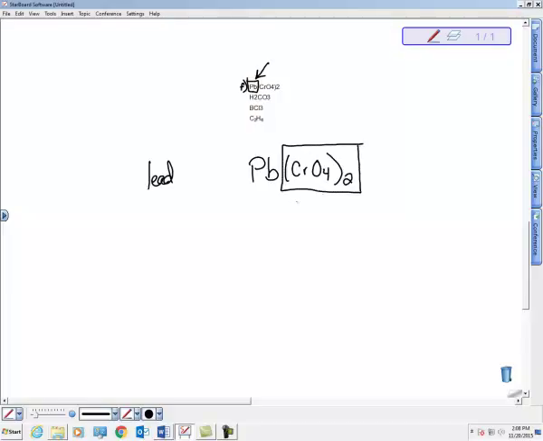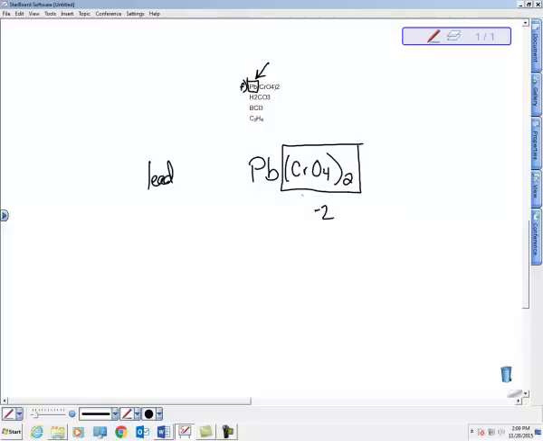Who is this? I think he's called chromate. Am I right? CrO4? Yeah? Alright, what is the charge of a chromate ion, guys? I cannot remember, honestly. It's -2?